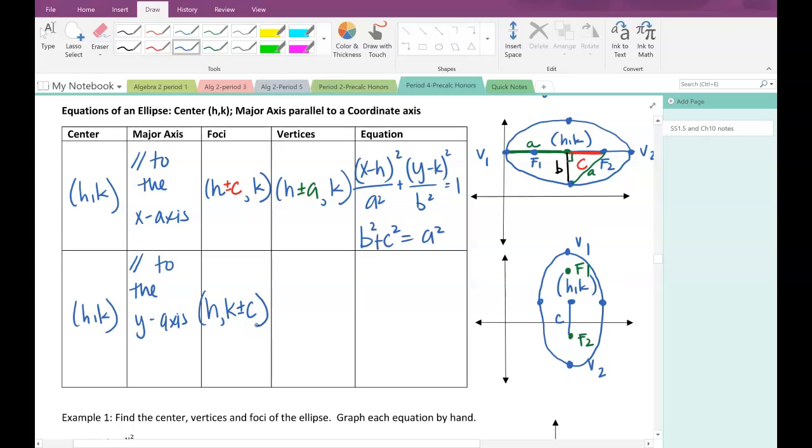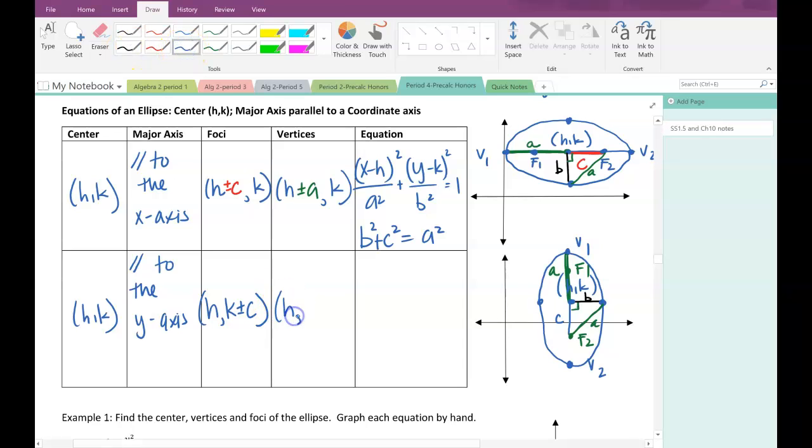All right, now the vertices is very similar, except we would need an a value. So again, remember, the vertex to the center is an a distance. And just to remind you, the b distance is from the center to the minor. And so that means I'm going to use green. From here to here, it's a. And that's always perpendicular.